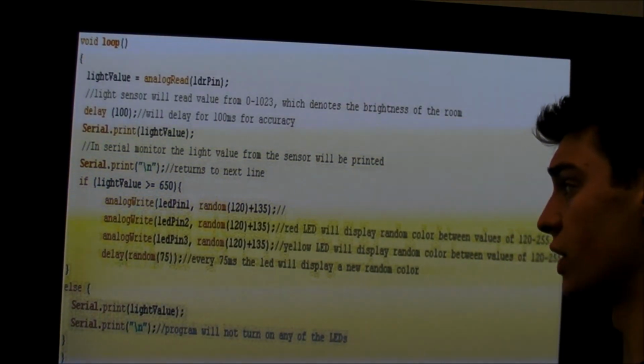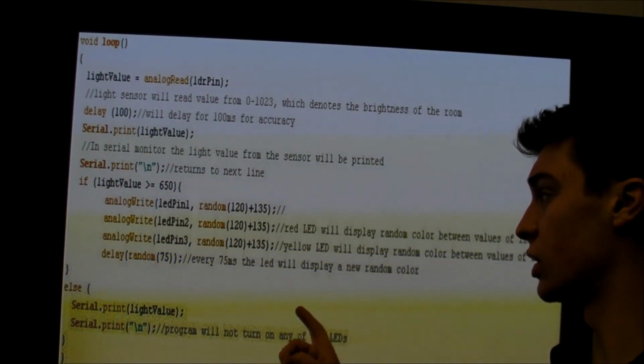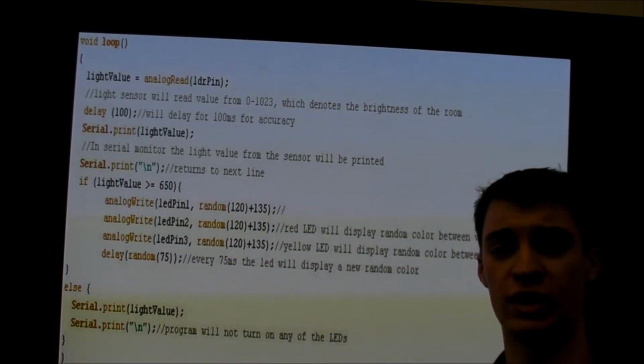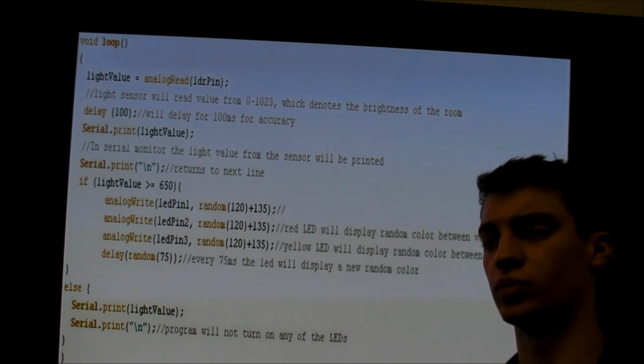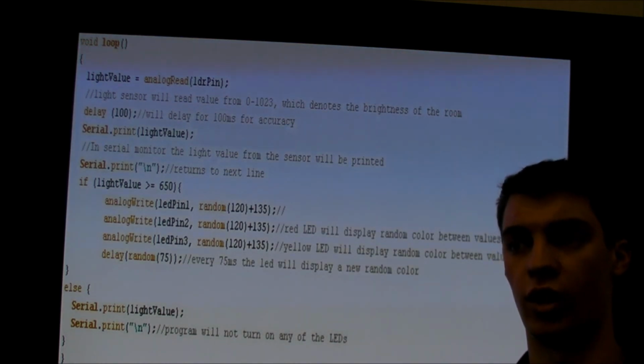So with analogWrite to the LED pins, it will write these three to a random value between 120 and 255, and those are colors mainly associated with yellow, red, and orange.